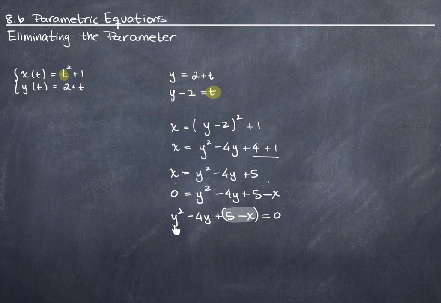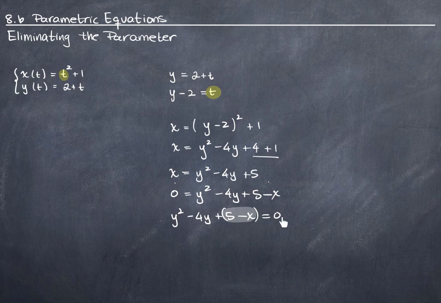I hope you recognize that although it's y squared, this is a quadratic equation. It's a y squared equation that has an x in it, but it's still a quadratic equation. It's a quadratic equation whose main variable is x. So I can solve this using the quadratic formula.